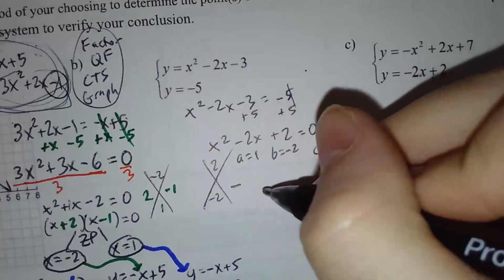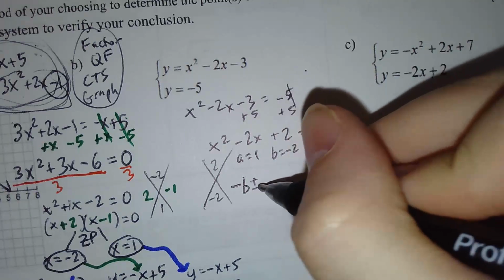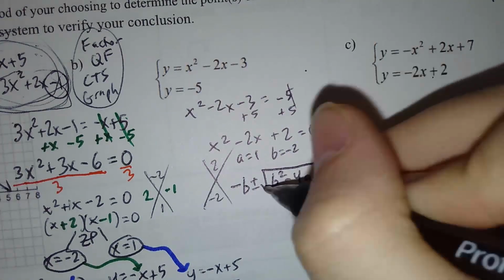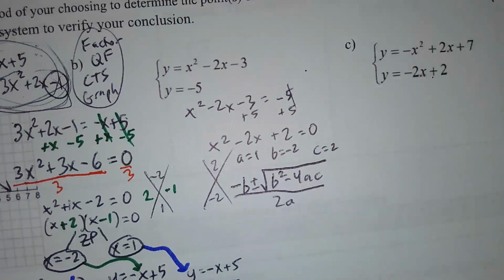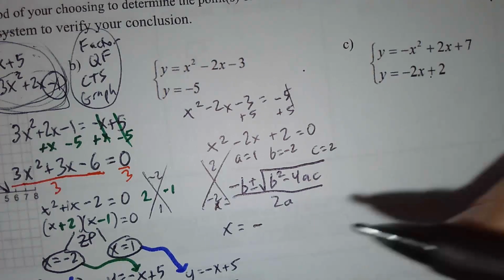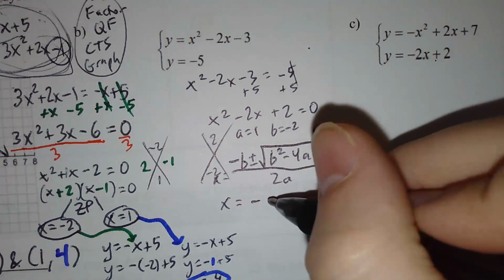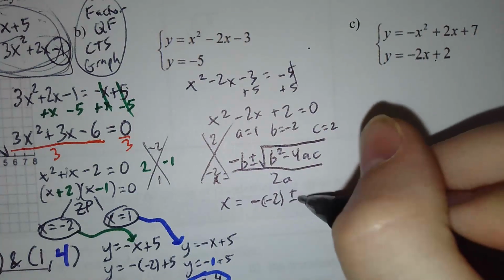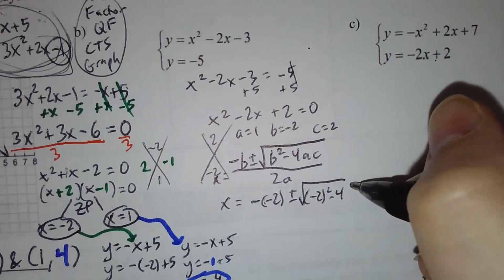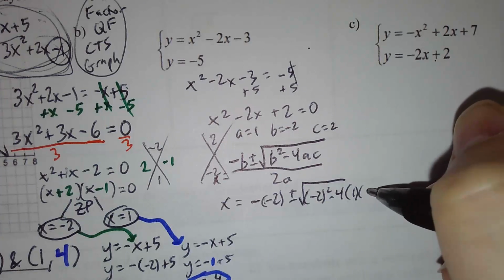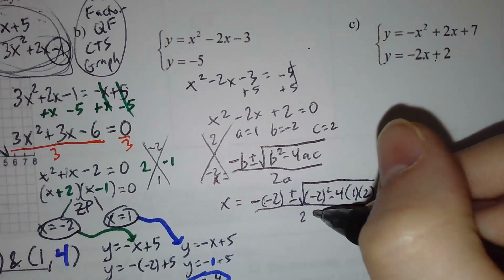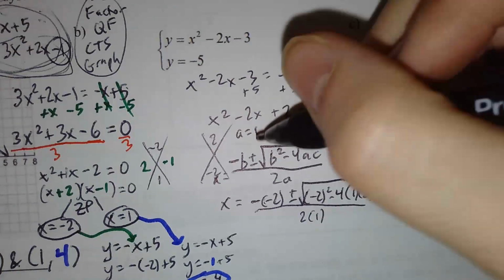So we get negative b plus or minus the square root of b squared minus 4ac all over 2a, giving us -(-2) plus or minus the square root of (-2) squared minus 4 times 1 times 2 all over 2a, with a which is 1.